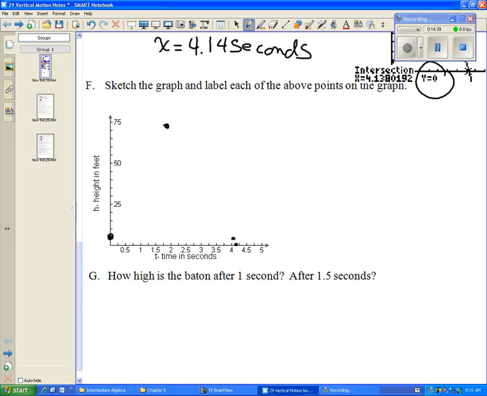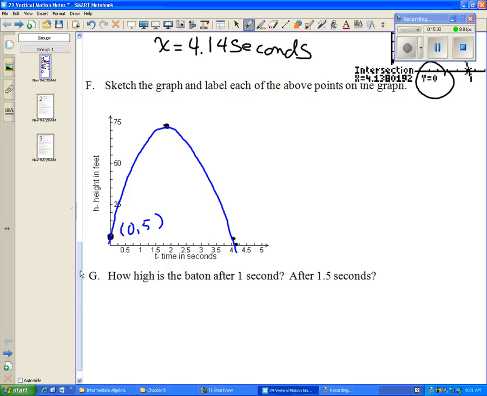Those are the points that I want to hit. So I'm going to go ahead and draw my parabola. I'm going to go through my initial height, go through my maximum, and I'm going to come back down through these 2 points.